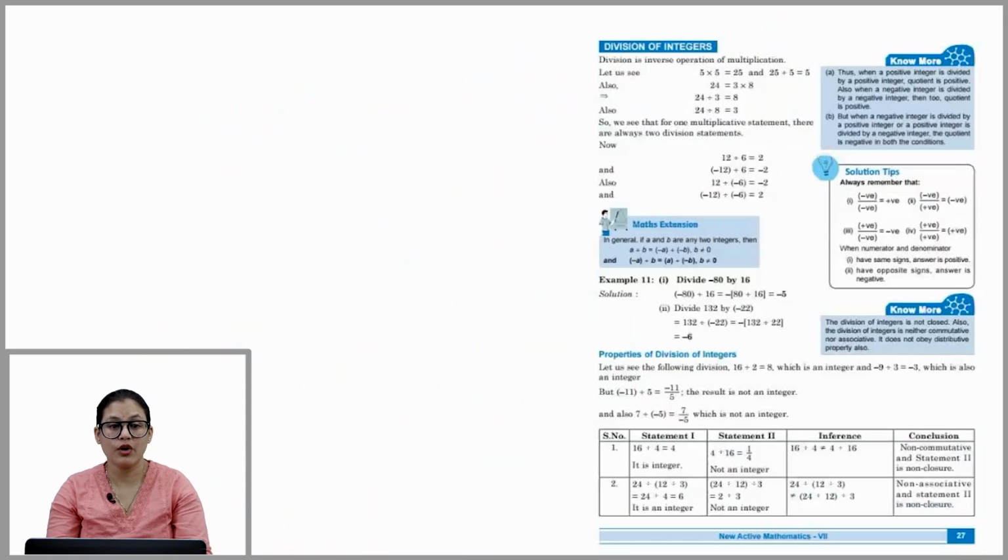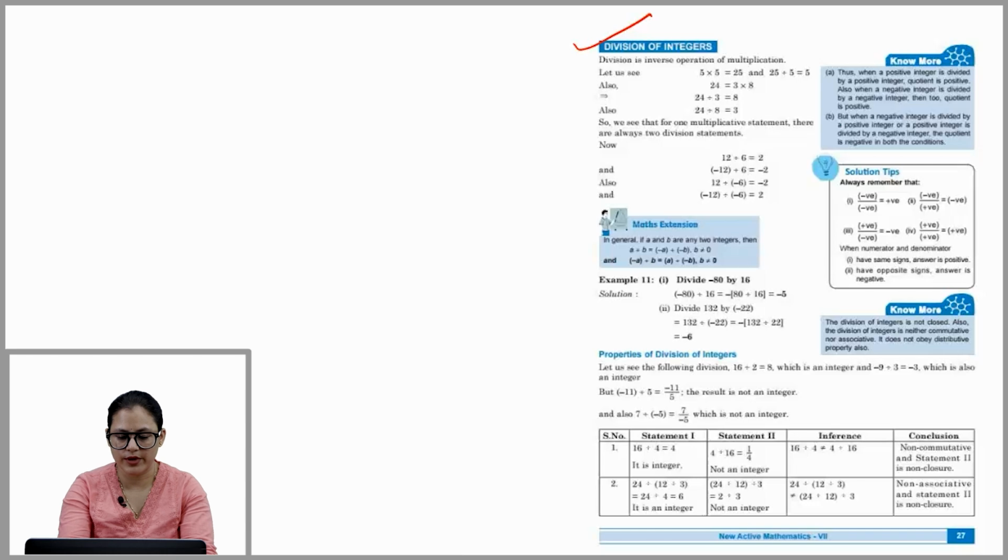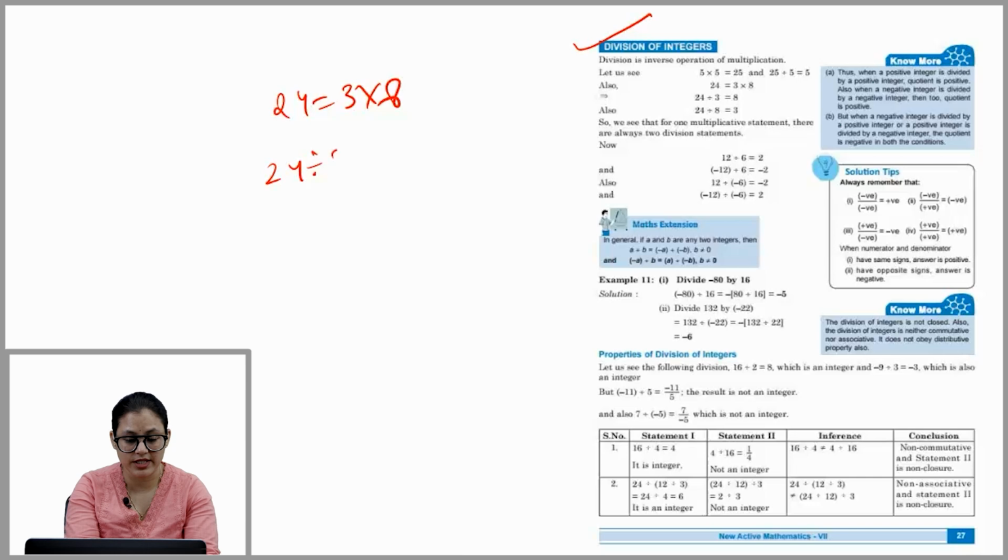Now division of integers. Division is the inverse operation of multiplication. See, 5 into 5 is equal to 25, and if we divide 25 by 5, we get 5. 24 is equal to 3 into 8. And 24 divided by 3 is equal to 8, and if you divide 24 by 8, you will get 3.